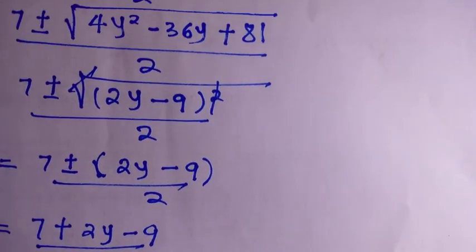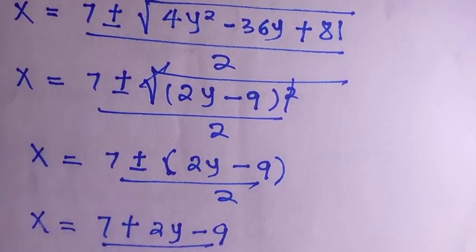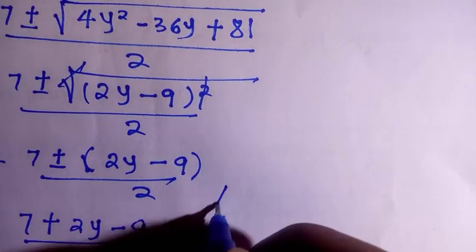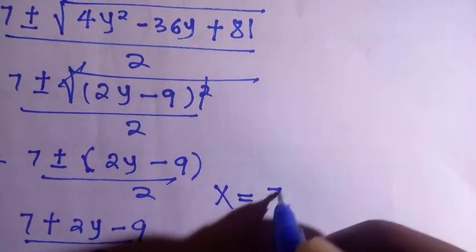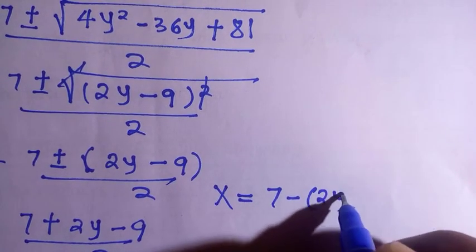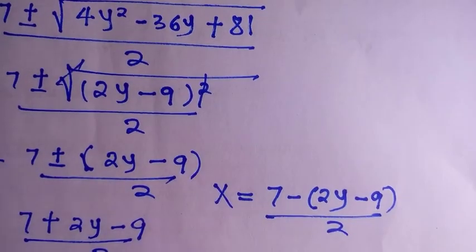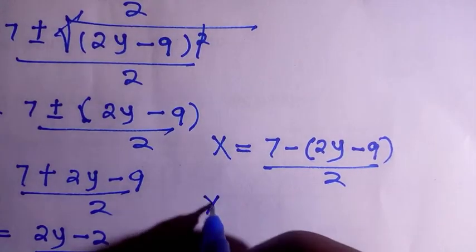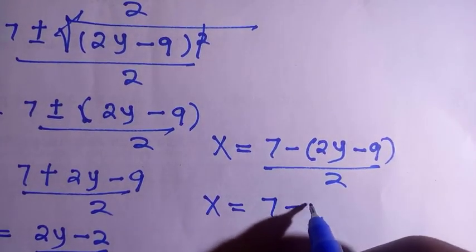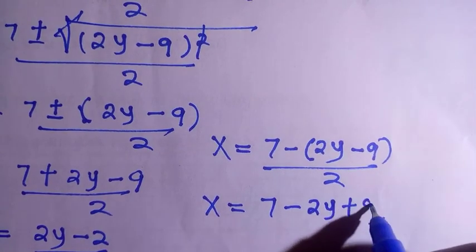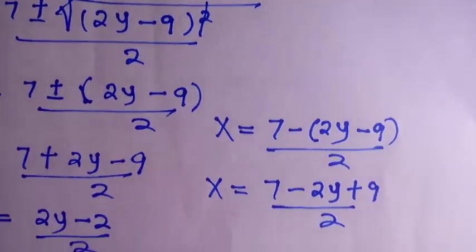For the negative, we have x equals 7 negative, so we bracket it because it will affect everything in the bracket. We have this divided by 2. Then x equals, by opening the bracket, minus 2y plus 9, divided by 2.